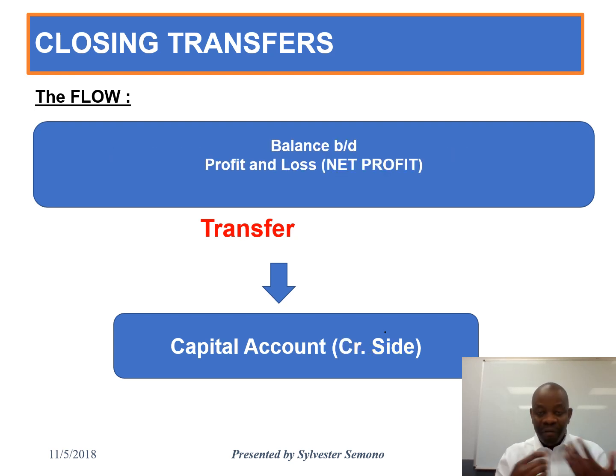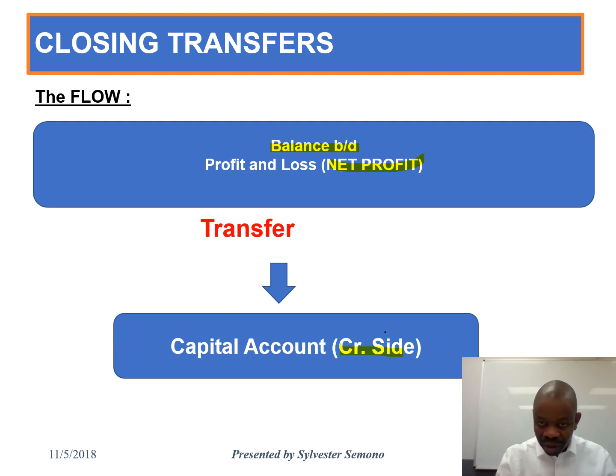Now, after balancing that particular profit and loss account, remember we either get net profit or net loss. It means we need to make sure that we transfer that amount to the capital. Under capital, you need to transfer the balance brought down and the profit and loss only if you made a net profit, under which side? On the credit side.